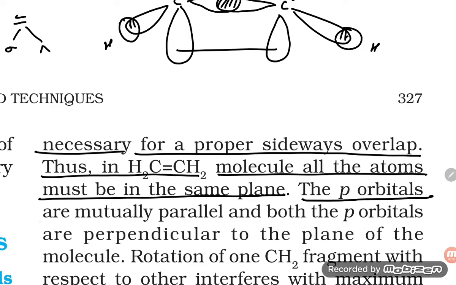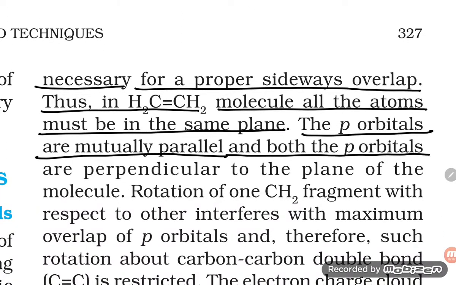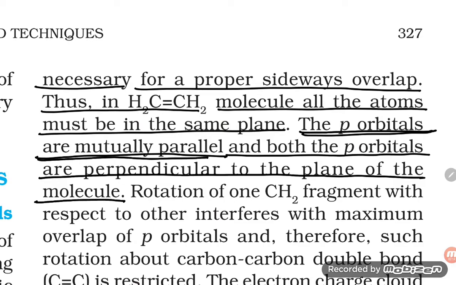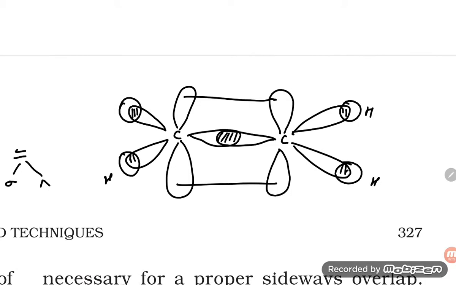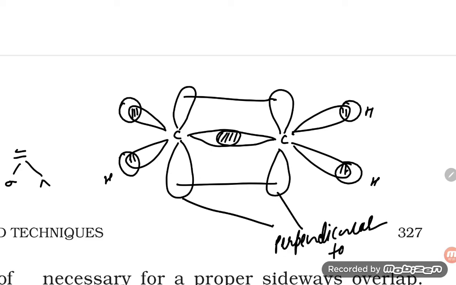The p orbitals are mutually parallel, and both the p orbitals are perpendicular to the plane of the molecule. So if you see this and this, they are perpendicular to the plane.